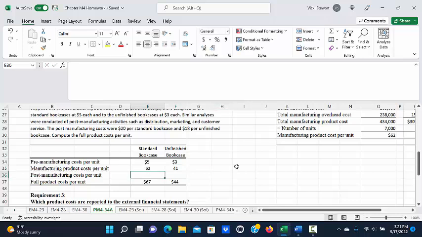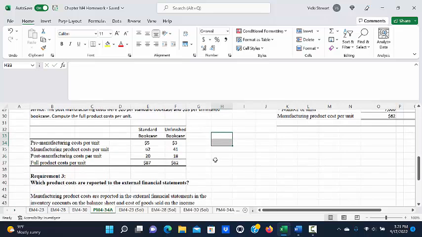The post-manufacturing costs were $20 for the standard bookcase and $18 for the unfinished bookcases. So our total cost for our standard bookcases was $87 and it was $62 for the unfinished bookcases.